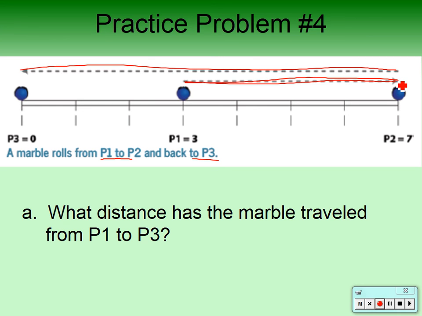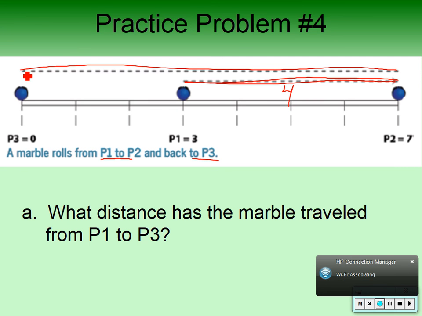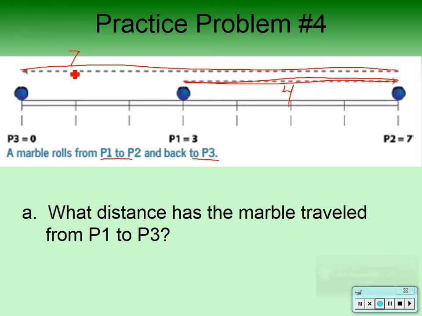We're starting at 3 and going to 7, so yeah, that's 1, 2, 3, 4. How much distance did it take to go from the far right side clear over here to the left? 7. So if we're going to find the total distance, what is it going to be? 4 plus 7. What is that, guys? 11. Did it give us a unit? No. So I'm just going to say it was meters. Okay. That's its total distance traveled, 11 meters.